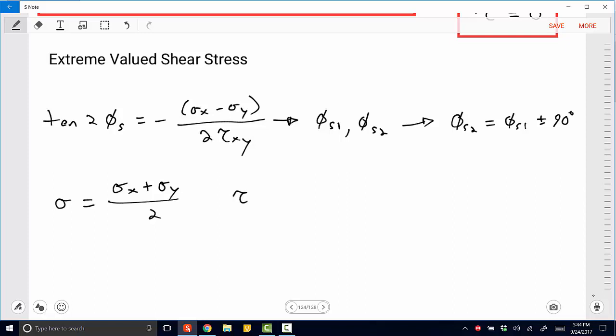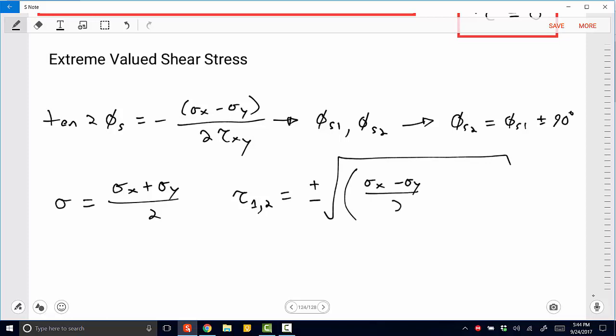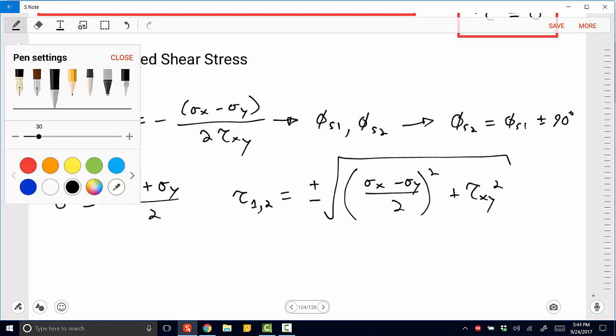And our shear stress exists as two different values, two extreme values, 1 and 2, which are equal to plus or minus the square root of sigma x minus sigma y divided by 2 squared plus tau xy squared.